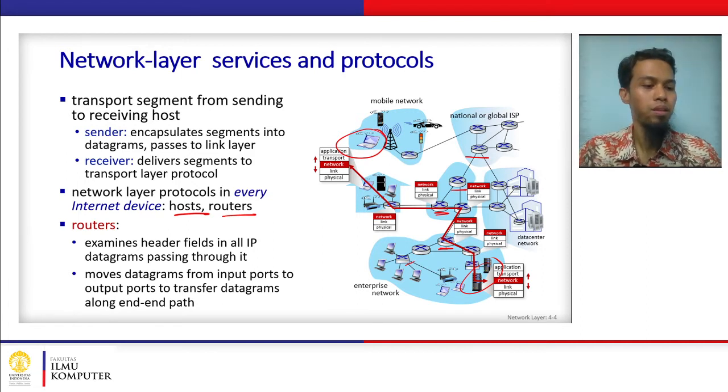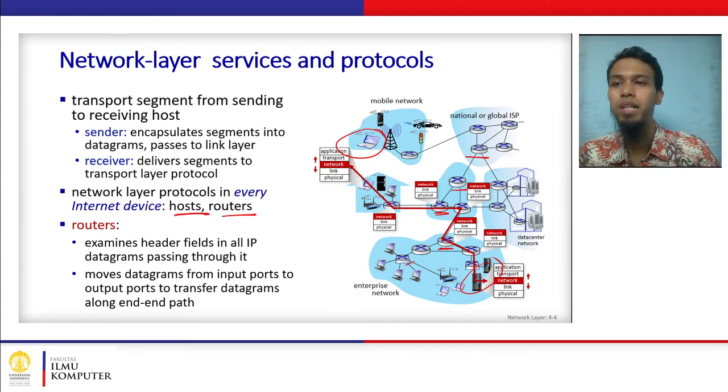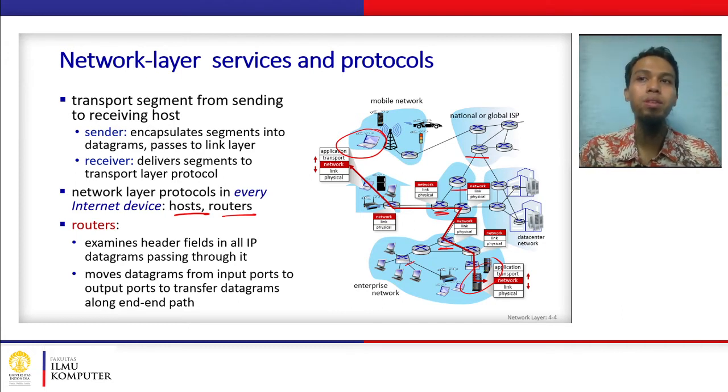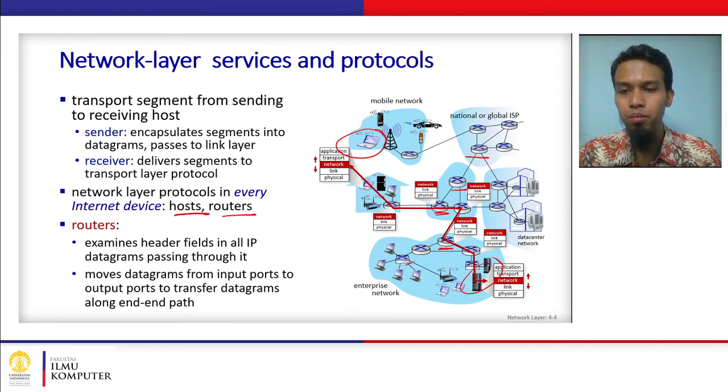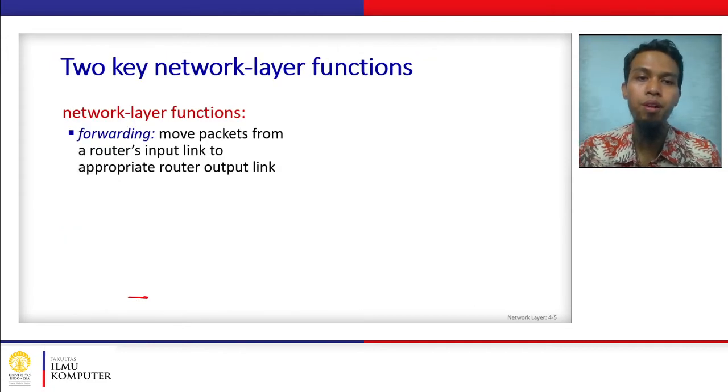But in the router, or in the network layer, it needs to know the destination IP address, because then it needs to match with the forwarding table, and then it will do the forwarding, right? Datagram input from input ports to the output ports. So this is exactly the forwarding function.